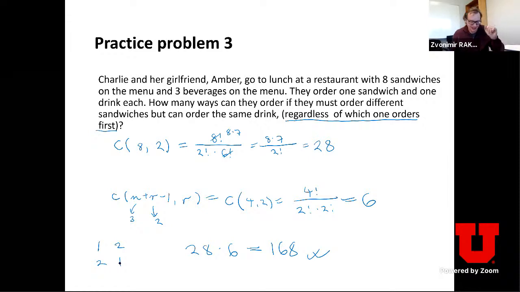Yeah, I actually explained this in a wrong way. What is equivalent is the order where Charlie orders. I should write this differently.